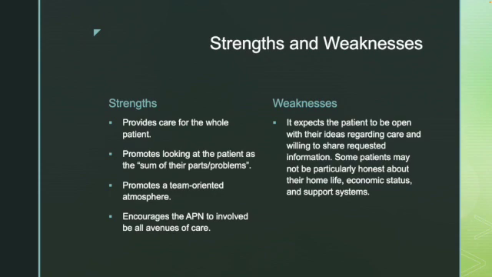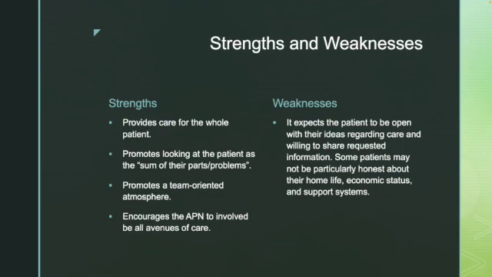Strengths and weaknesses. So the strengths of Kris's automobile repair theory is it provides a care for the whole patient. It promotes looking at the patient as the sum of their parts and problems, and promotes a team-oriented atmosphere, encourages the advanced practice nurse to be involved in all avenues of care.